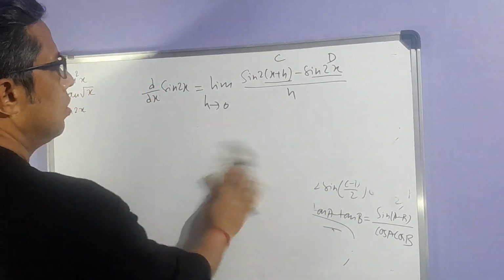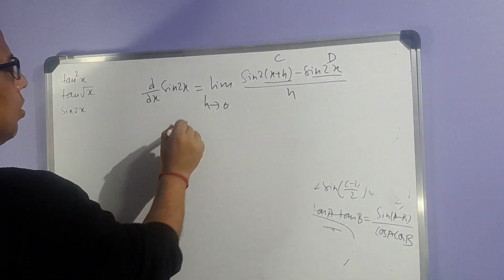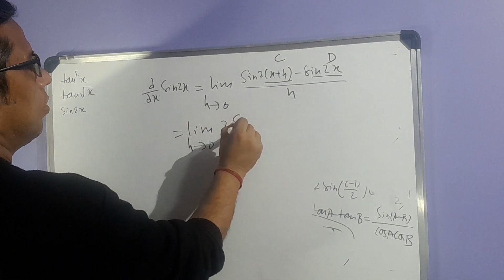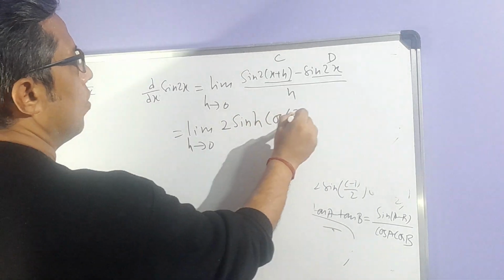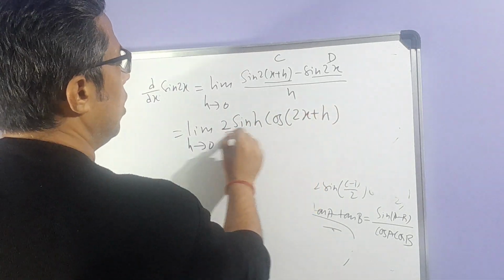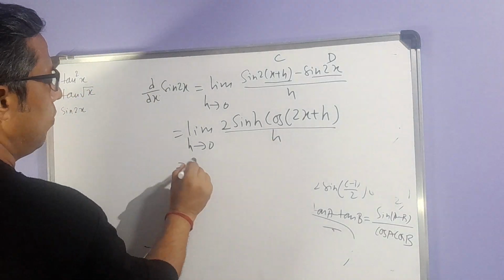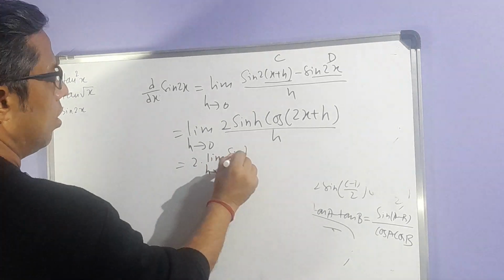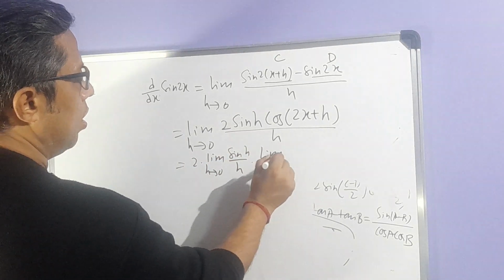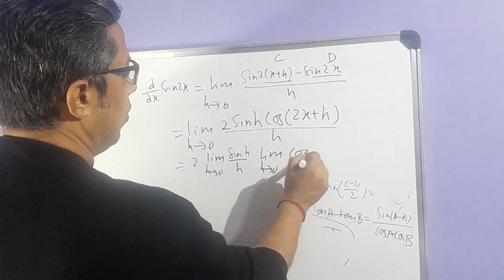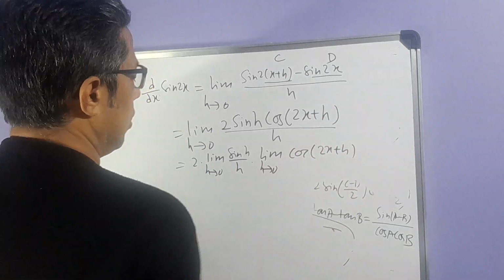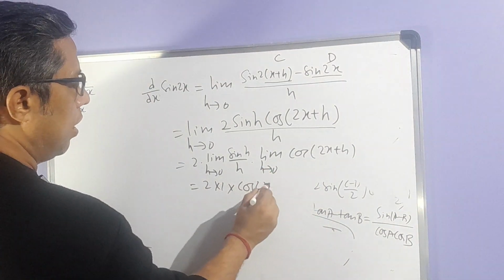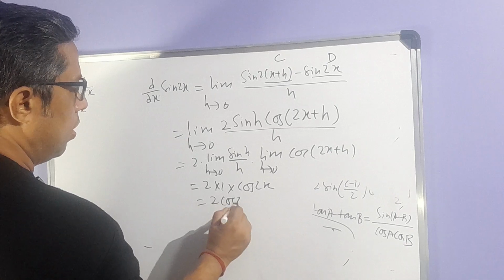So this one will come limit h tends to 0 of 2 sin h cos of 2x plus h by h. So it will be 2 into limit h tends to 0 of sin h by h, limit h tends to 0 of cos of 2x plus h. It's coming 2 into 1 into cos 2x. So 2 cos 2x is the answer.